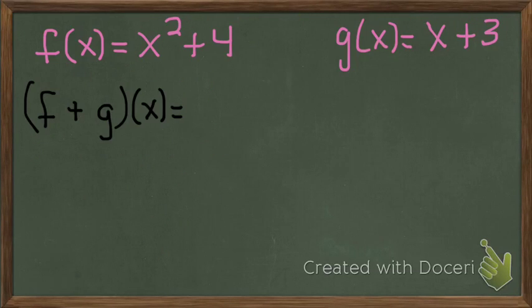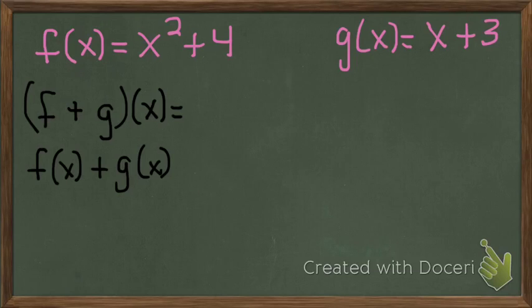Alright, here are two functions, and we're going to do f plus g of x. That could be written as you see here, and you might also see it written this way as well. All it means is that you're going to take the f plus g.